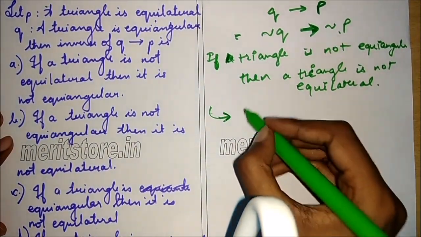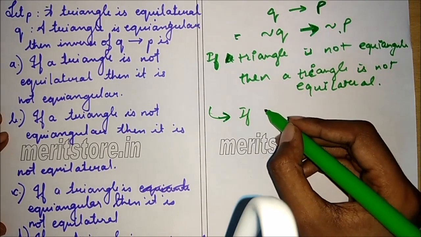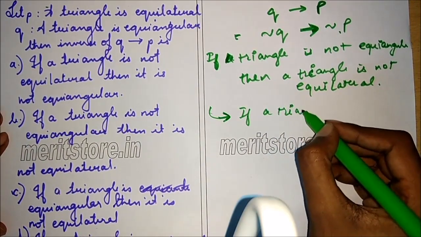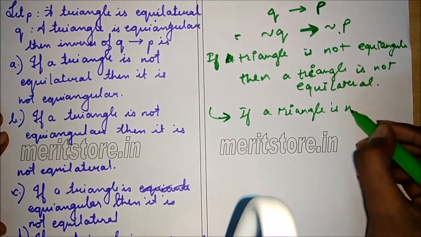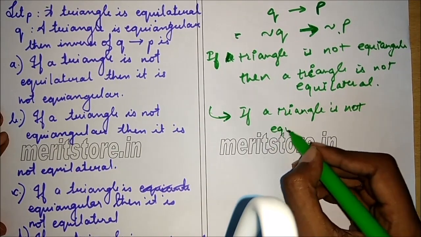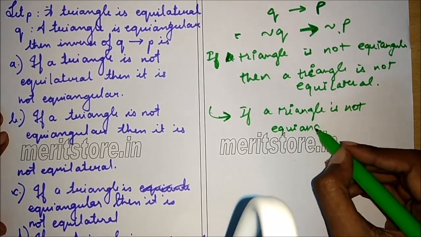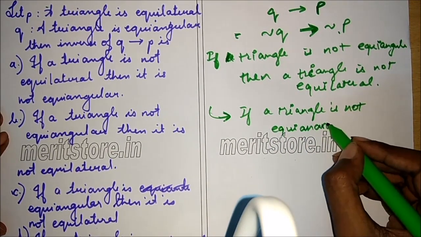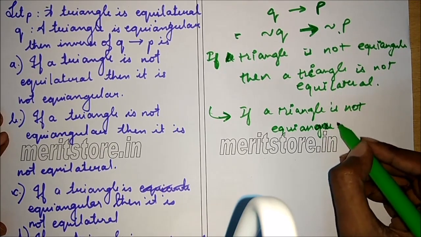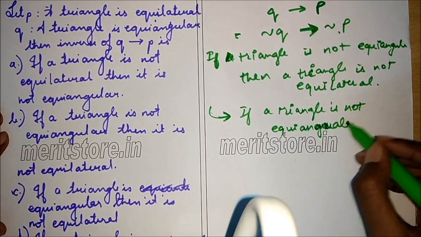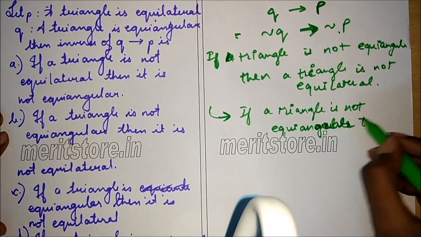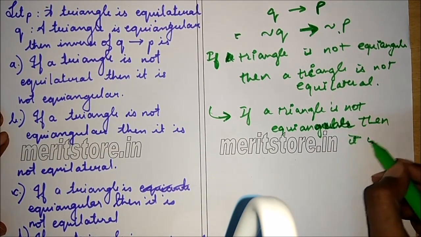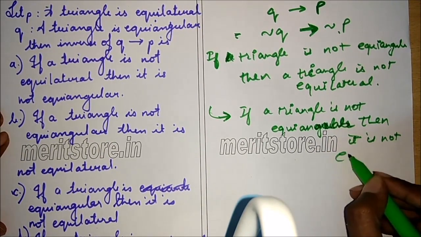Writing it grammatically correct, we can say if a triangle is not equiangular, then it is not equilateral.